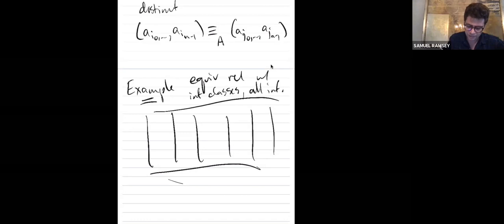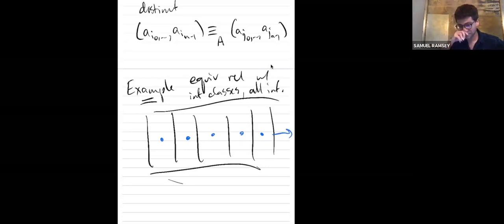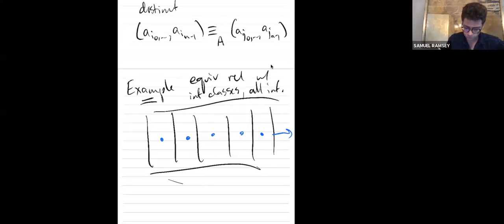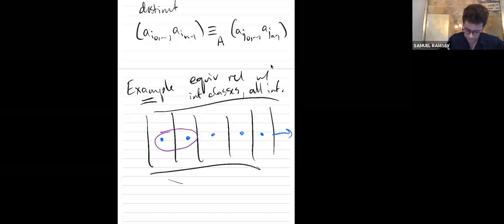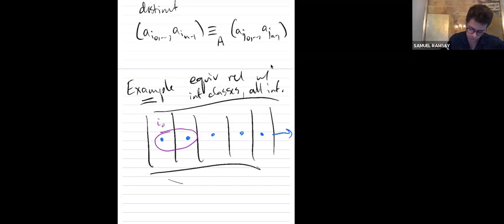Now I can take a sequence inside this, which just consists of one element in any class. Now, if I take a pair here, let's say I list this one first. So this is going to be I0 and I1. What does the type of this pair say? It says they're not equivalent, and it doesn't say anything else. That determines the type because you can check by quantifier elimination.